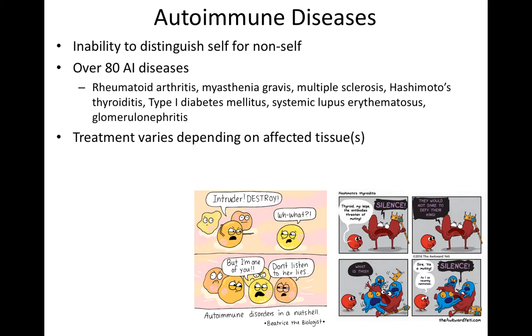When we're in the middle of a flare, one of the only things we can do is try to dampen the entire immune system, often through the use of corticosteroids, which have their own set of problems, and you can't be on them forever, so you have to go on them and off them and on them and off them.